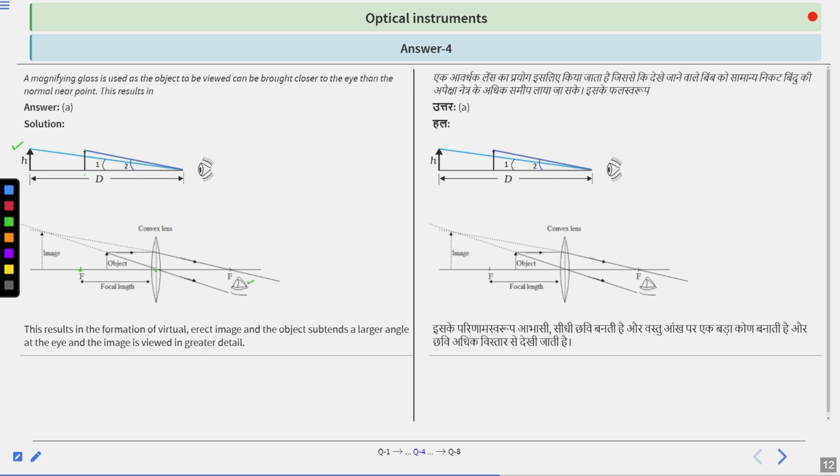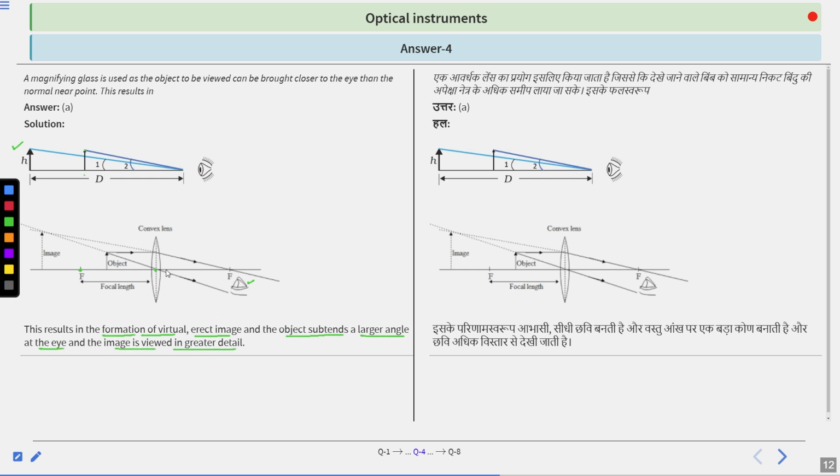And this is the eyepiece. Clear? So the image is magnified and the size of the image is greater than the size of the object. So this results in the formation of a virtual erect image. This image is virtual, and the object subtends a larger angle at the eye and the image is viewed in greater detail.